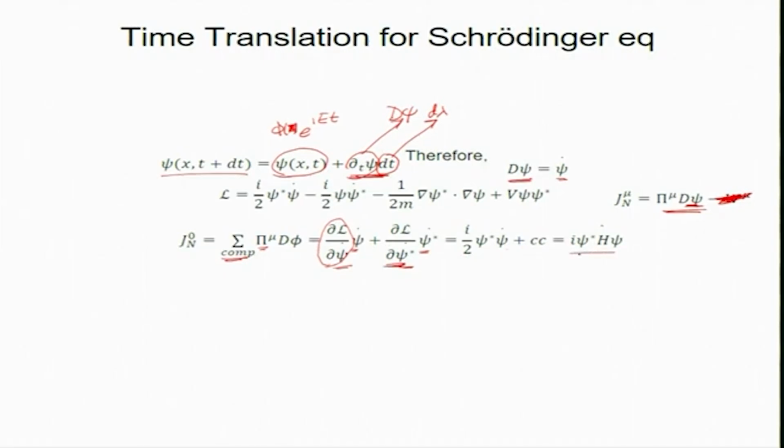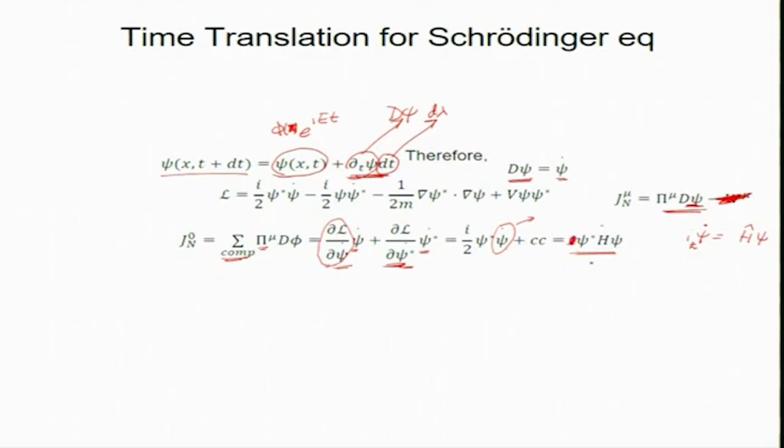So, i psi star psi dot. Actually, i h bar psi dot is the Schrodinger equation, H psi. I am getting rid of h bar, so i psi dot is H psi. So there is no i here.